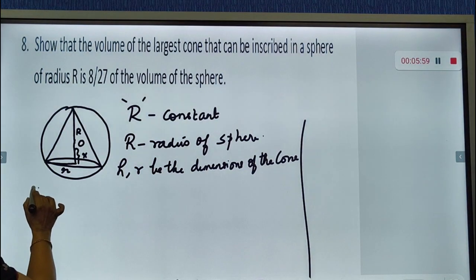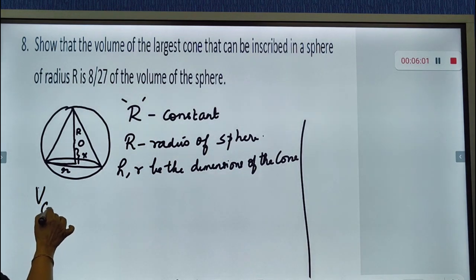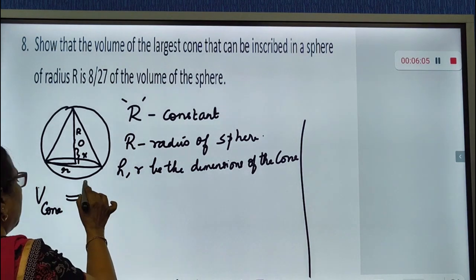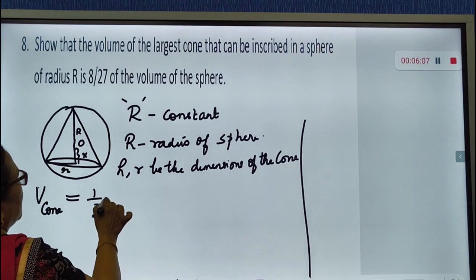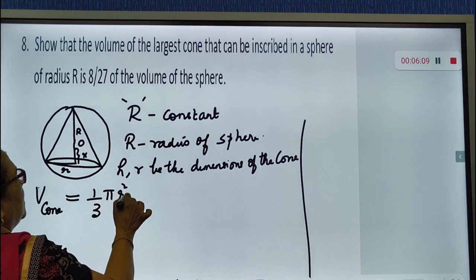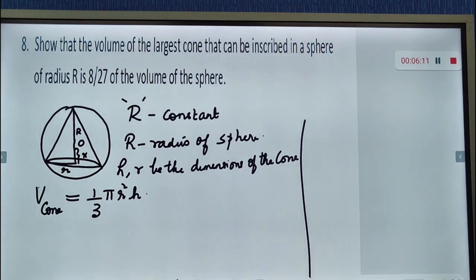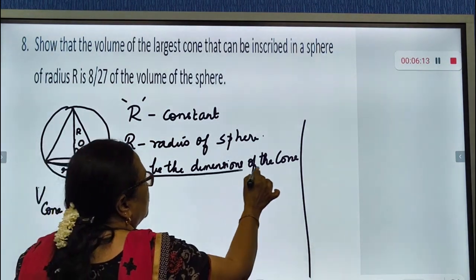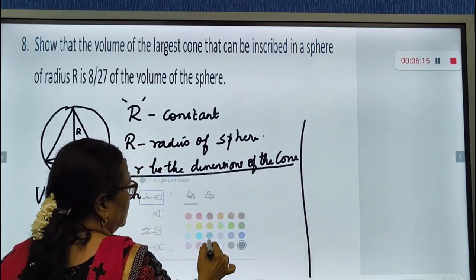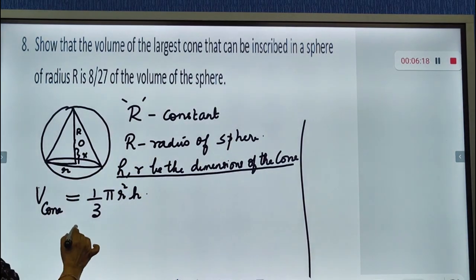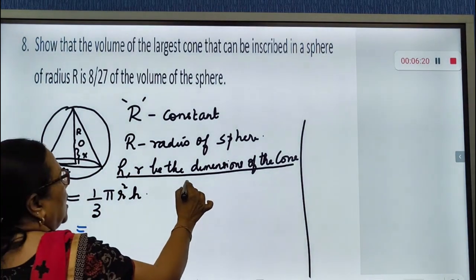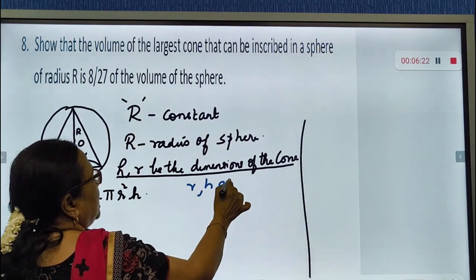Okay. So what is the volume of the cone? What is the formula? 1 by 3 pi r square h, where r and h are the dimensions of the cone. So both r and h are variables.